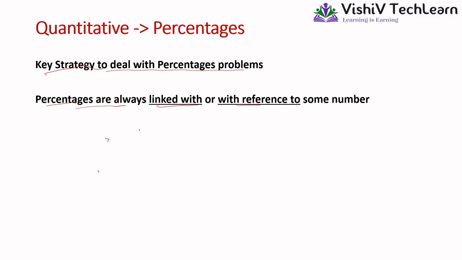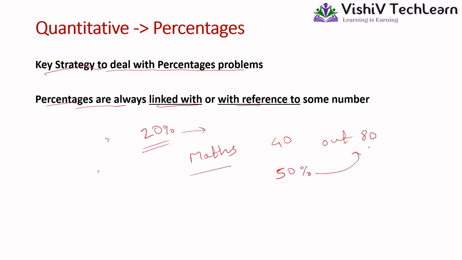If we are calculating 20%, this 20% is always linked with something. In the math subject example, we got 40 marks out of 80, and the percentage was 50%. So these 50% were with reference to 80.